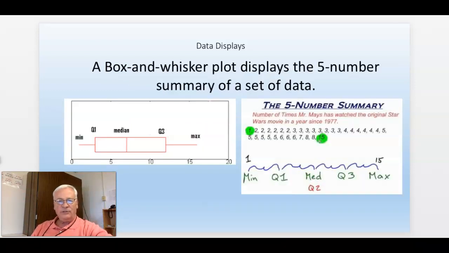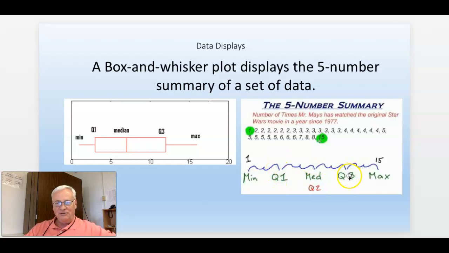Guys, a box and whiskers plot displays the 5-number summary for a set of data. All right? It gives you the minimum data value and the maximum data value. It gives you the median. That's the one in the middle, the point in the middle when you list them in order. Then it gives you what's called the first quartile, which is the point that's in the middle of the bottom half.